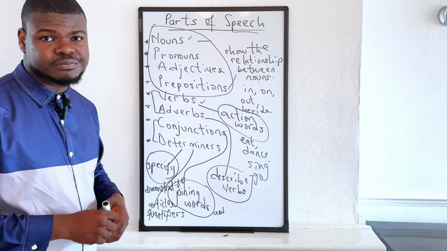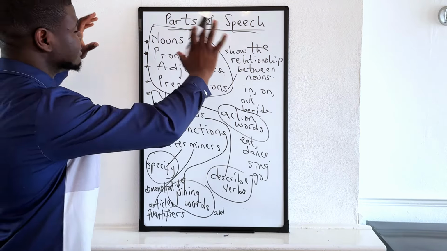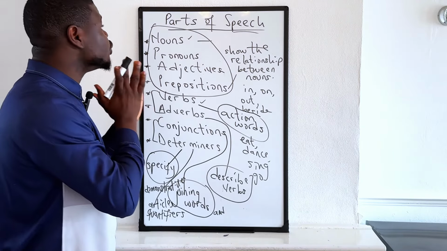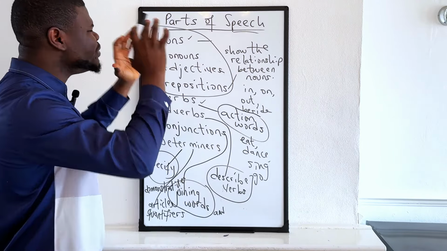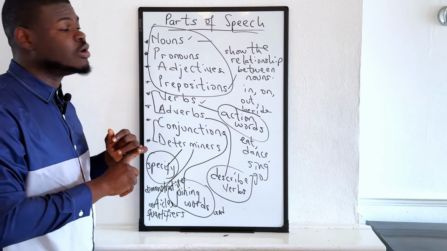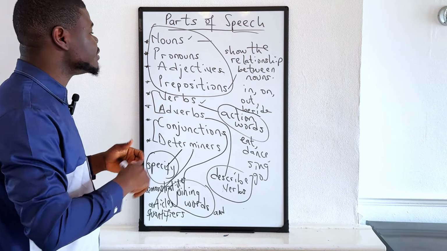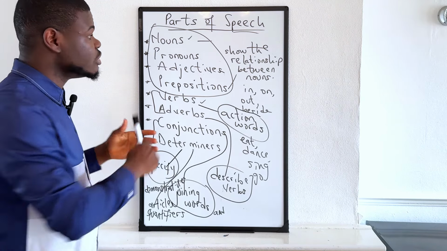Do you understand? So just like that, we've come to the end of this. And like I said, it's meant to be a short video just to briefly explain this topic. And I hope you actually have learned so much. Nouns name. Pronouns replace nouns. Adjectives describe nouns.